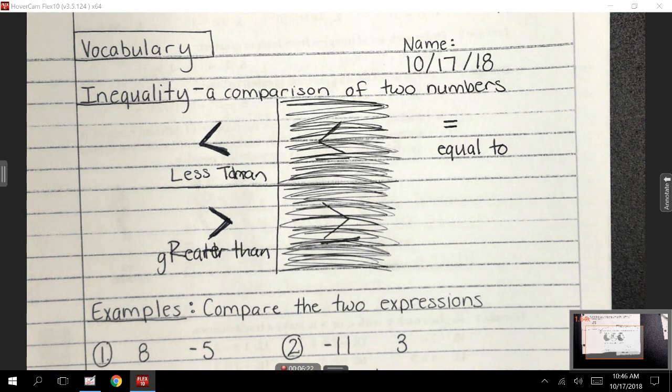Questions about those symbols? All right. Y'all ready to do some comparing? Okay. Now I'm going to be honest real quick. I know in the past, when your teachers show you this for the first time in intermediate school, they help you remember by drawing little Pac-Mans, because Pac-Man wants a bigger number. Or my teacher, I remember specifically, alligators. And I remember getting in trouble for drawing teeth every time I did one of my symbols.